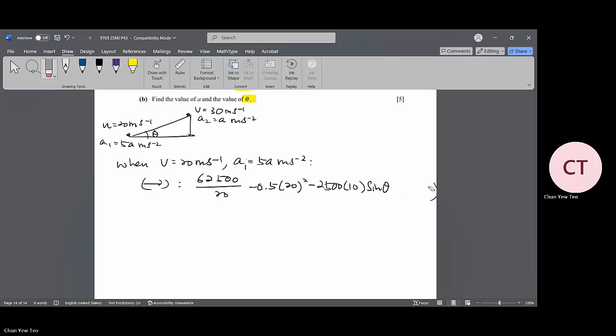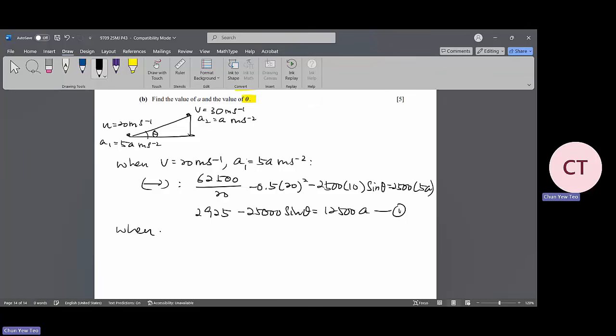Okay, try to squeeze in everything. We just press the calculator and simplify it, and you get 2,925 minus 25,000 sin theta is equal to 12,500a. I call this one equation 1.